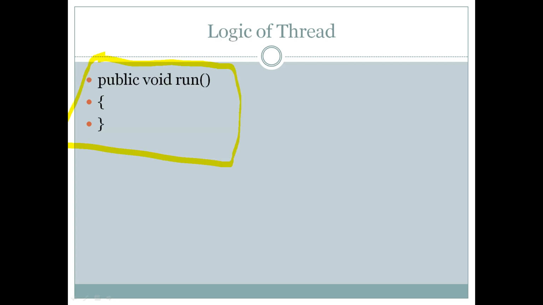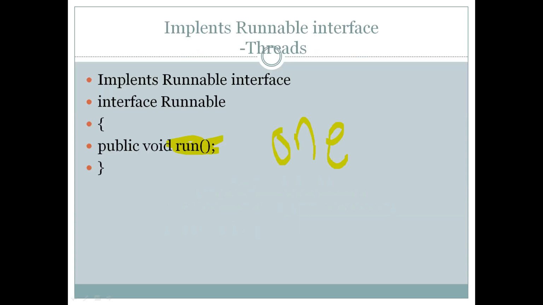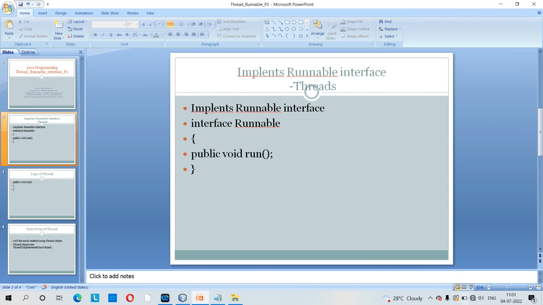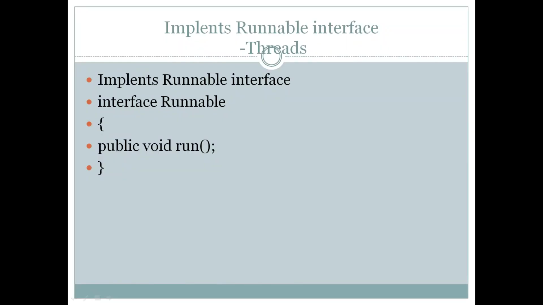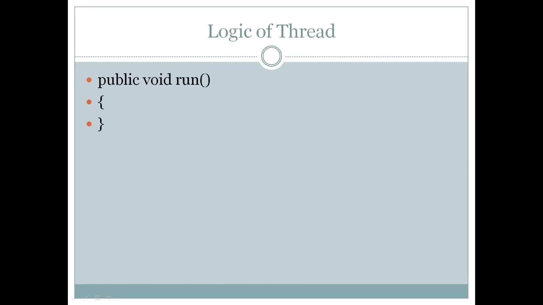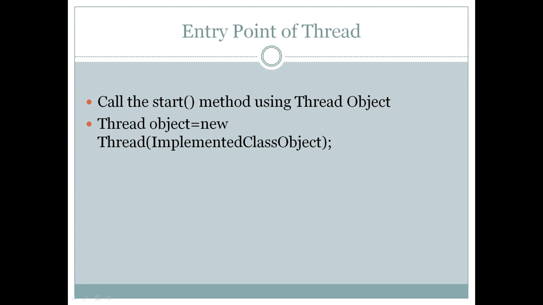We can see this with an example. Here the thread will be implemented using the Runnable interface, with public void run. How can we create it? We can create an object and within that object pass the class.